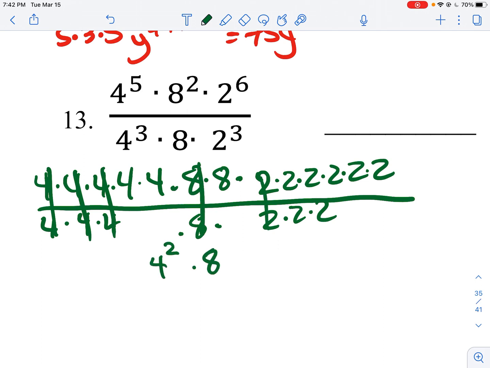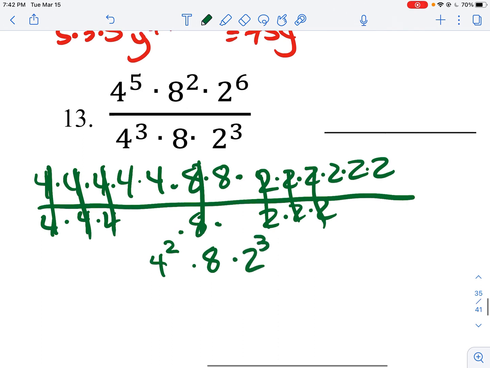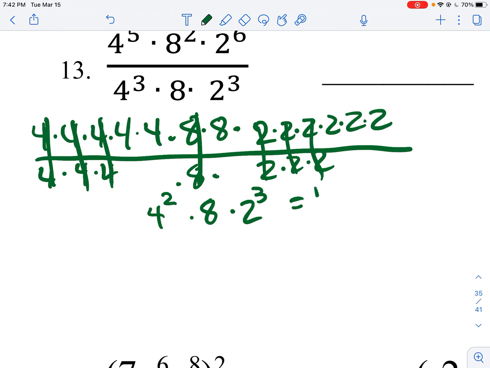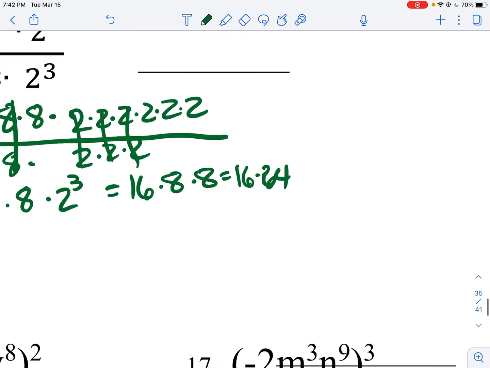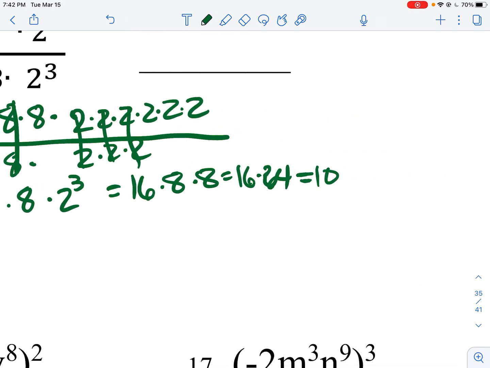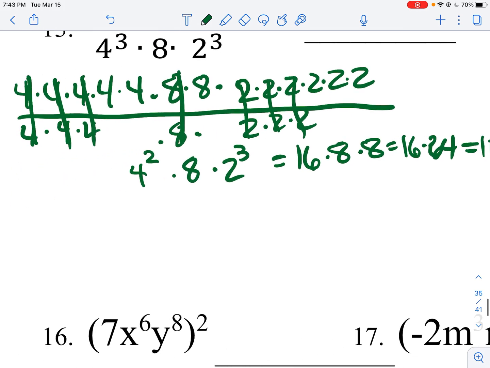Cancel. I have 8. I have 2 to the 3rd. That would get me 16 times 8 times 8. So 16 times 64. And I believe we just did that and it was 1024.